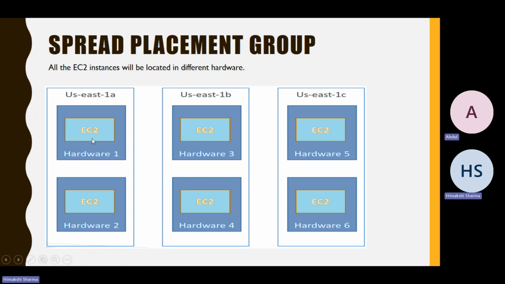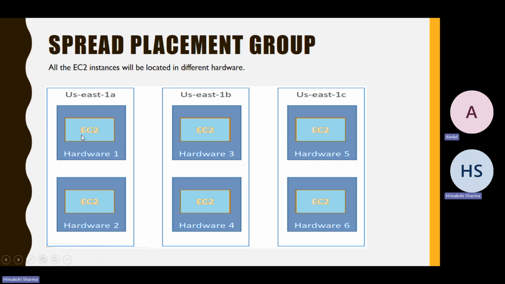So it provides more flexibility in terms of failure. But the network connectivity will not be as good in comparison to the cluster placement group. The other limitation is that it is limited to 7 instances per availability zone in one placement group.